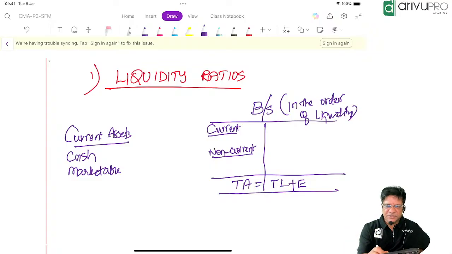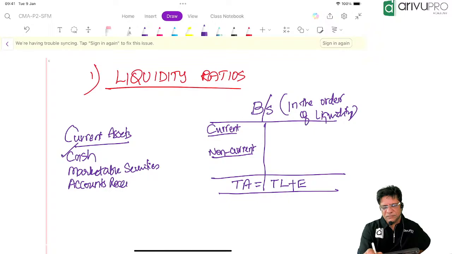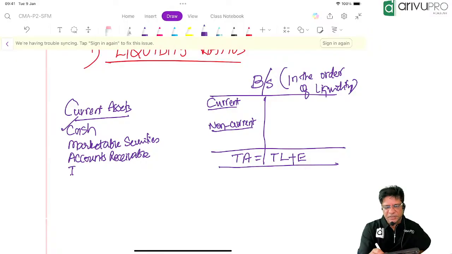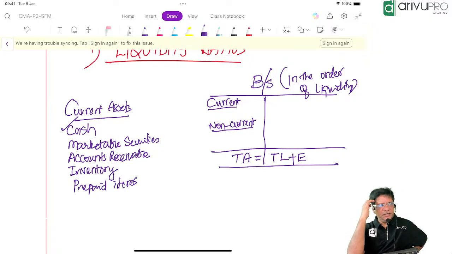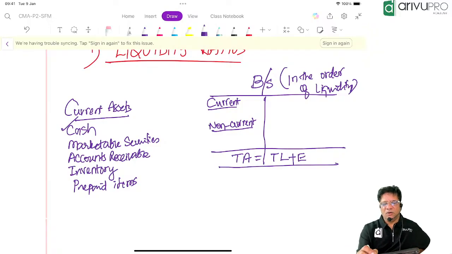So they will show first cash, then marketable securities, then account receivable, then inventory, then prepaid items. These are the standard current asset examples.